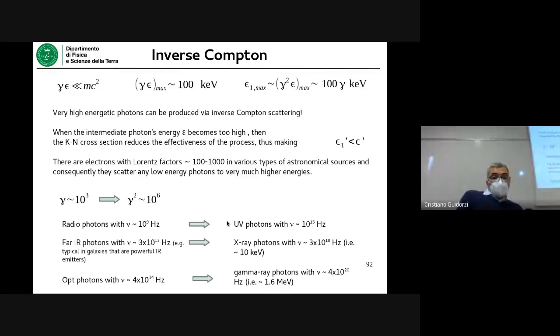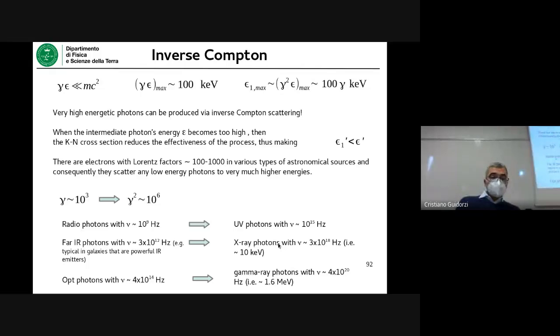And also, if you start with slightly more energetic photons, like for example optical photons, optical means something times 10 to 14 Hertz. You see that multiplied by 10 to 6 means something times 10 to 20. So this is gamma rays, MeV.